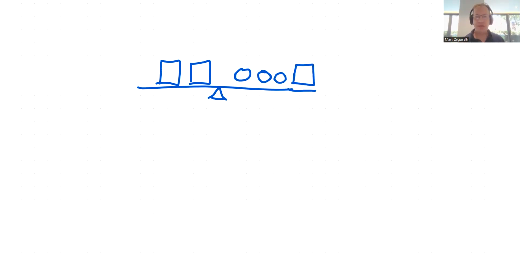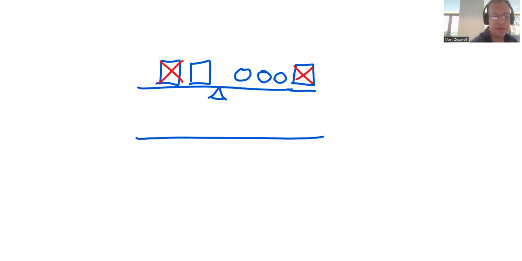We can remove something. As long as we remove the same thing from both sides, the scale will still balance, right? So if we were to get rid of one of these and one of these, the balance scale would still be here. We would have a square, we'd have 3 little circles, and the scale would still balance.